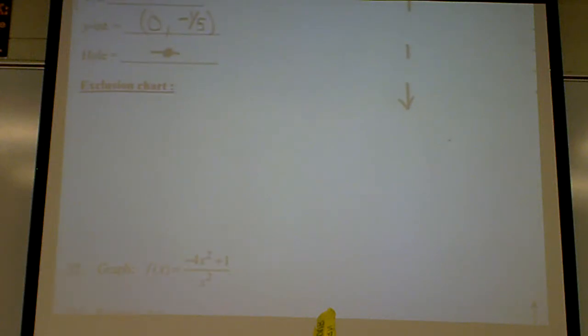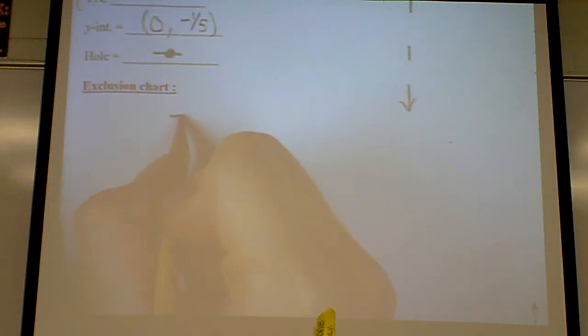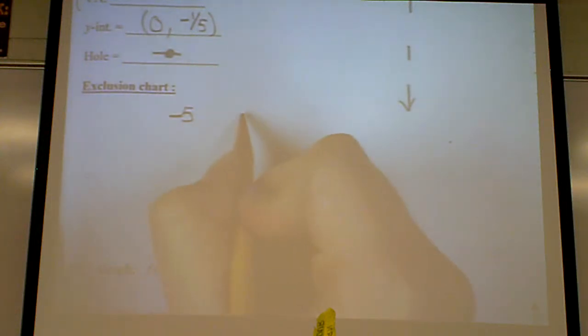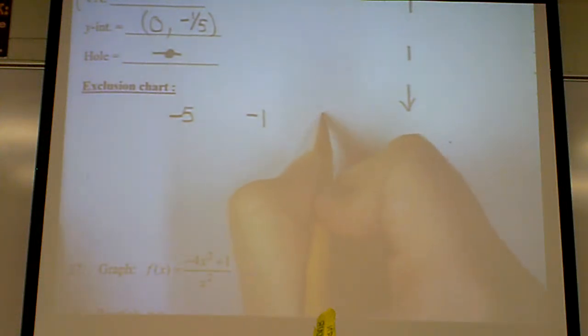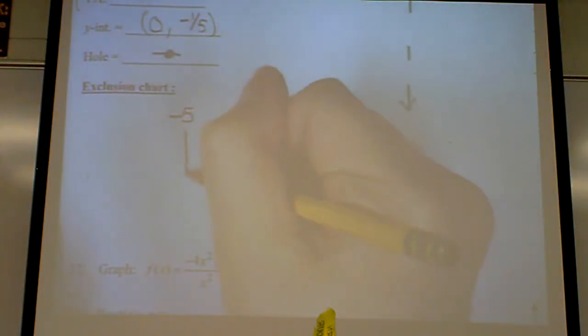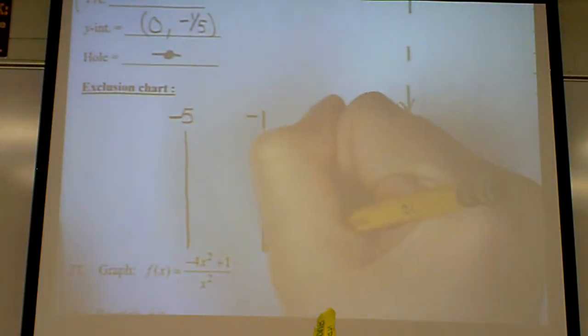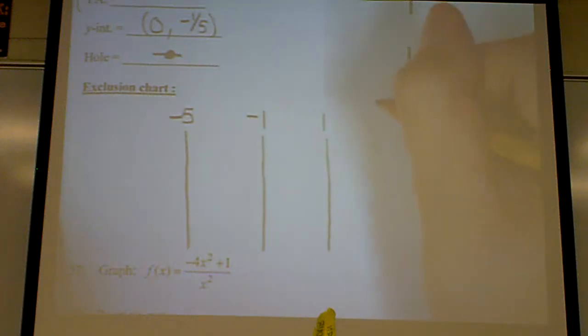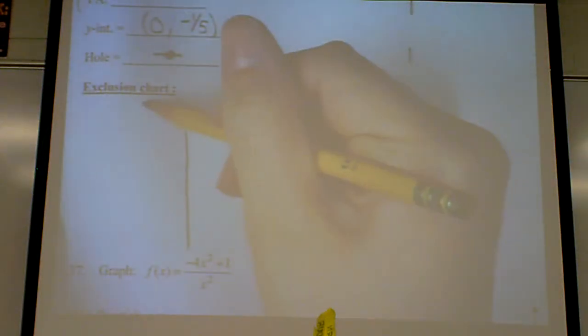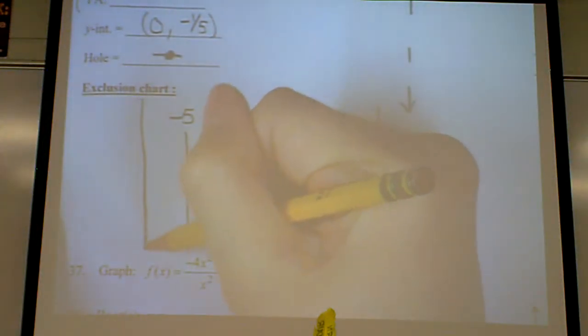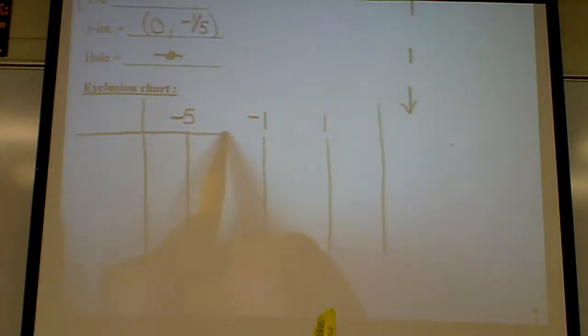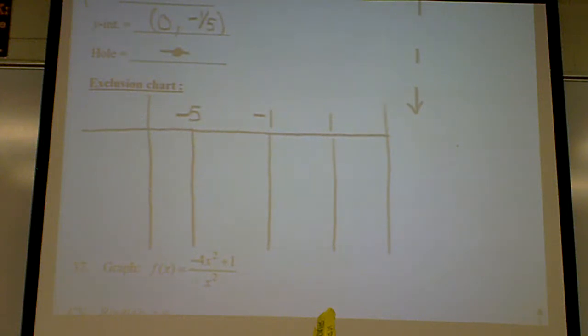So from least to greatest, what are my critical values? Negative 5, negative 1, and 1. And which factors should I use?